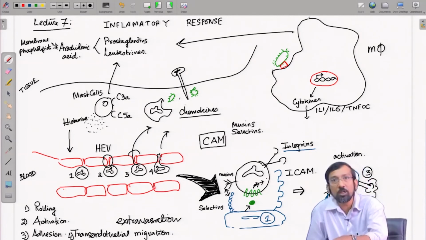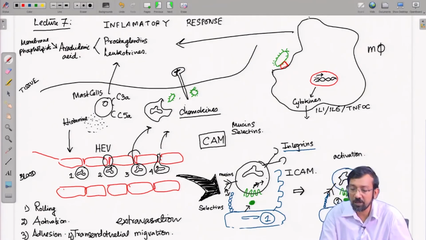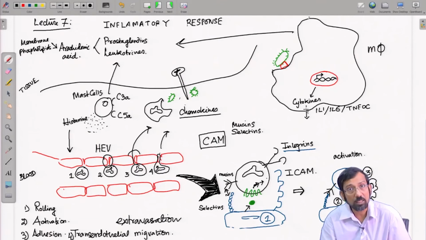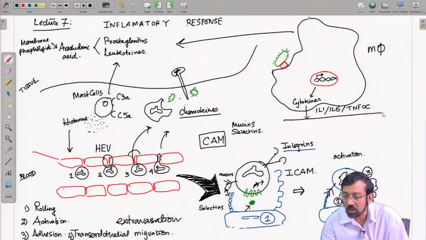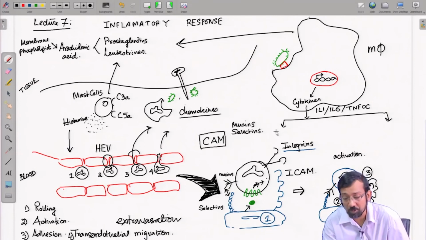Now, if you look at this activated macrophage on this side, as we described in our last class, it secretes cytokines. And what do these cytokines do? These cytokines can lead to some global responses, like increasing the body temperature, leading to fever.